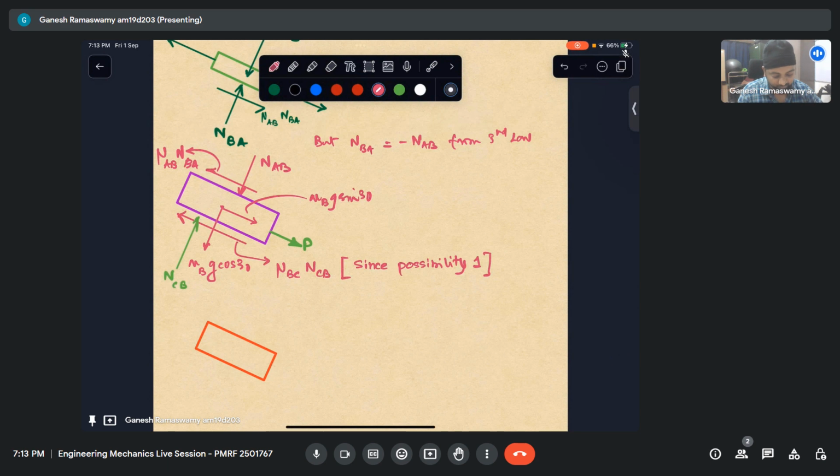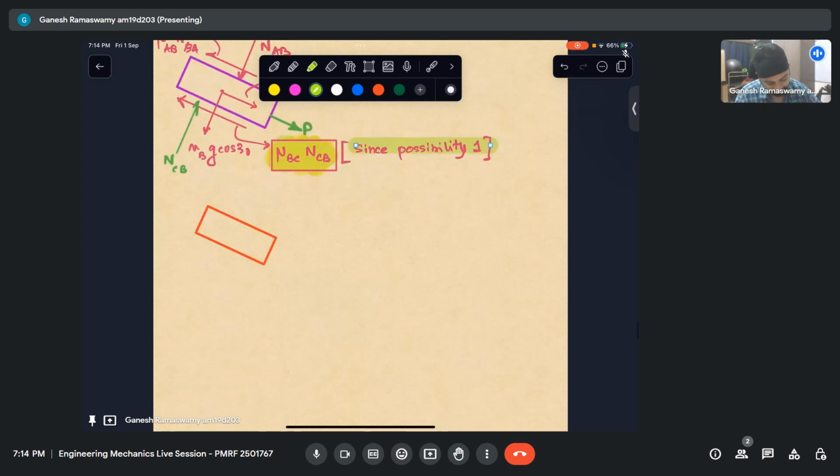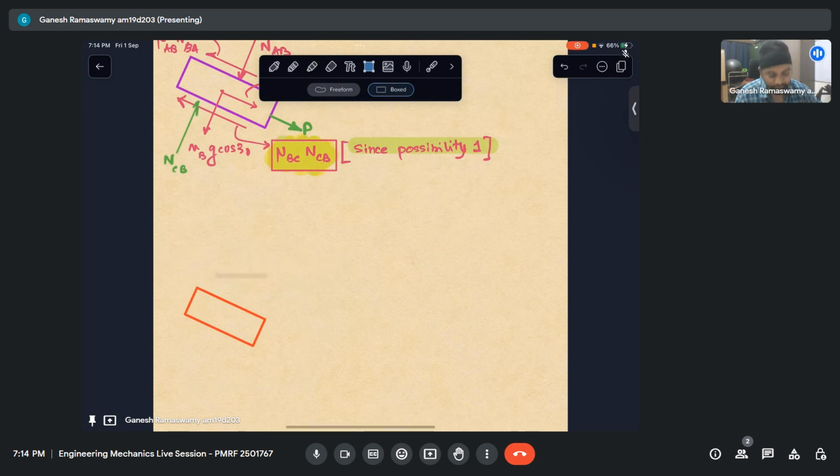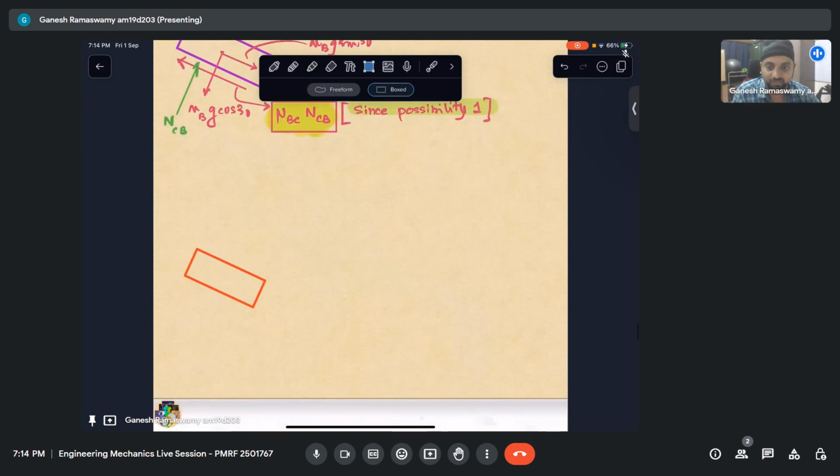So this needs to be understood very, very clearly. This is very important. Only when this is the case will we take it. Otherwise, we will simply put it as F1. I take it that that is clear. F1 or F whatever, FCB, something like that.